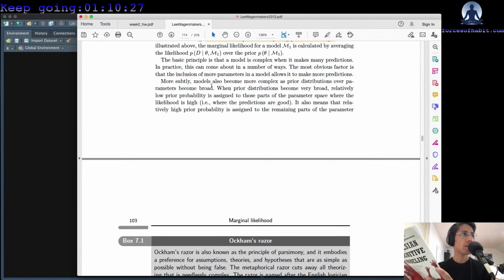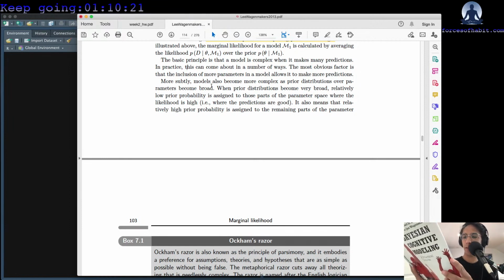So now it goes over here. It's going to hit on about three key ways that models can become too complex. The manifestation of model complexity in practice can happen in a number of ways.